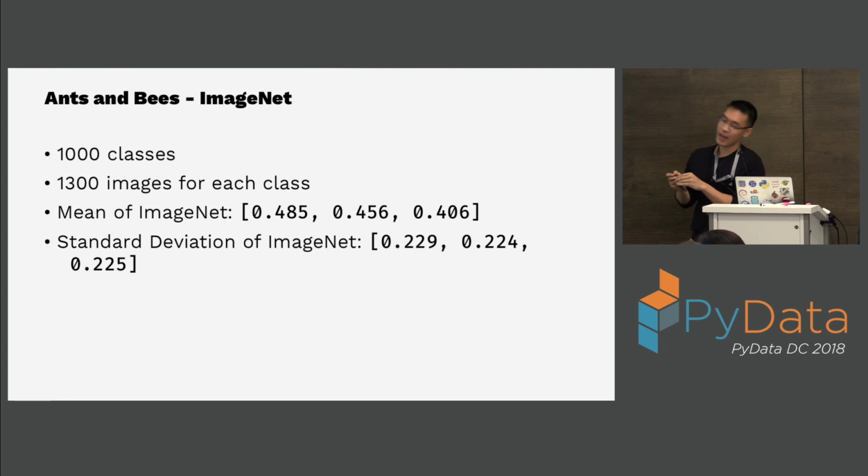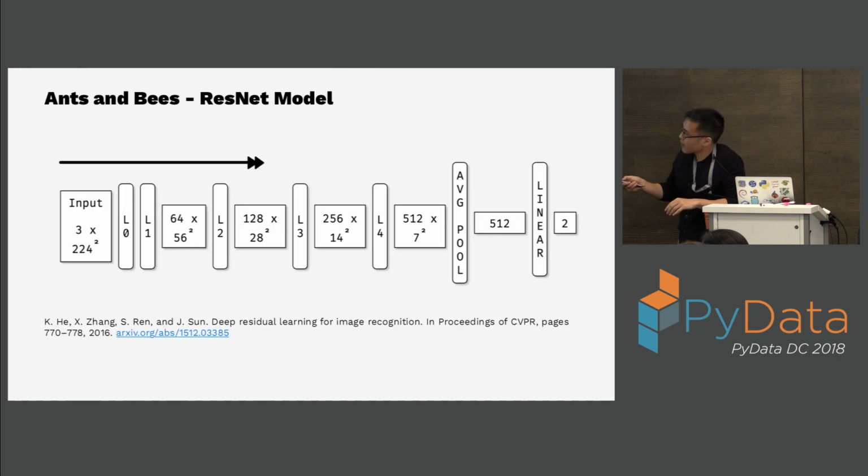For this example, we're going to train it on a ResNet model, which is as follows. You take in a 3 by 224 input. 3 represents the colors. You're going to push it through many layers of functions, and at the end, it will spit out a vector of size 2, where 0 represents ants and 1 represents bees.